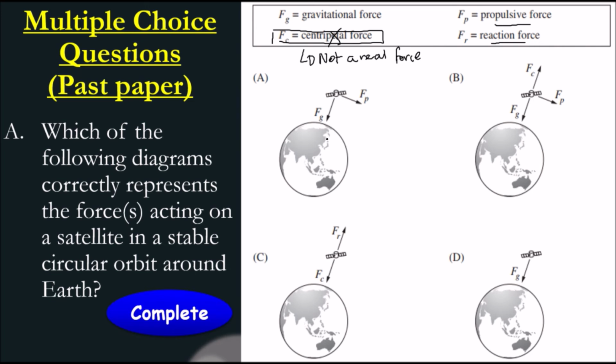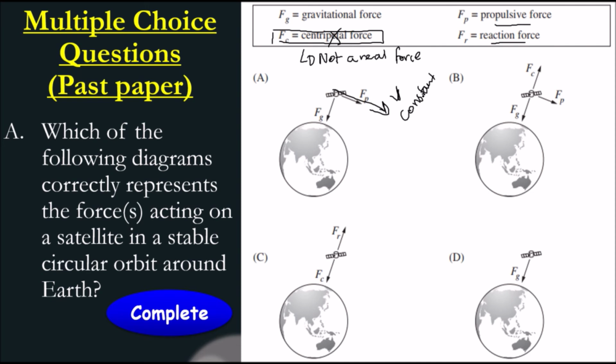For stable circular motion to occur, there is no change in speed in its tangential motion. So this speed here is constant.